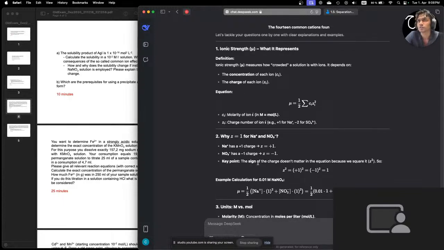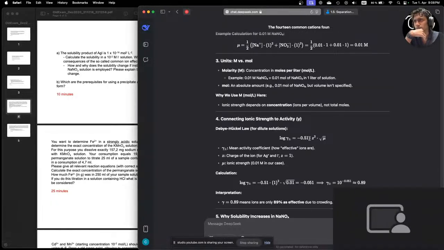Now, other than ionic strength, what's the other value? It was activity, that is lambda, which was log lambda equals minus A into z squared.